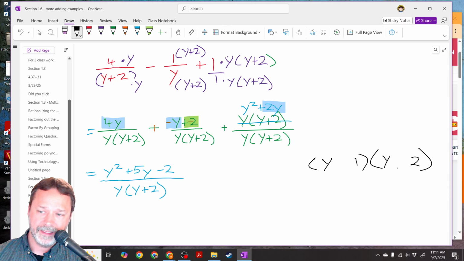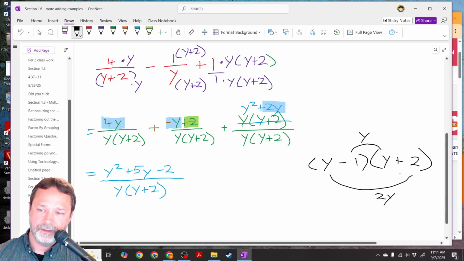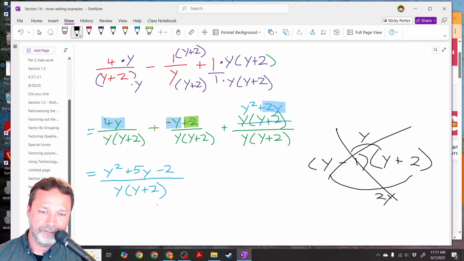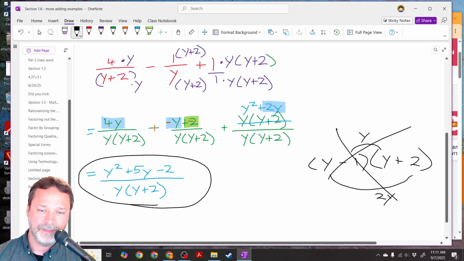And I'll tell you right now, whether they're plus or minus, it doesn't matter, because 1 times y is y, 2 times y is 2y. There's no way to add or subtract those to get 5y. So this doesn't factor. We are done. This is as simple as it gets.